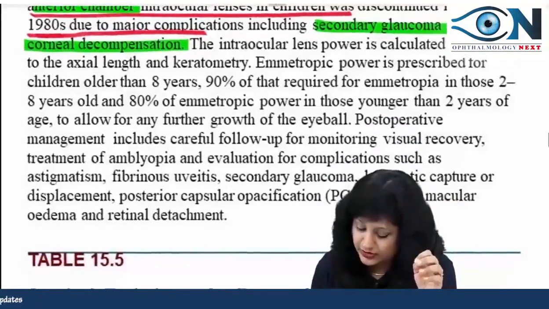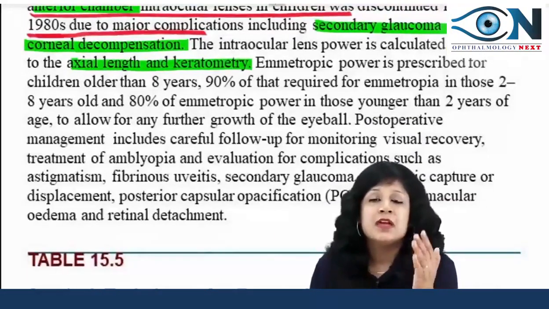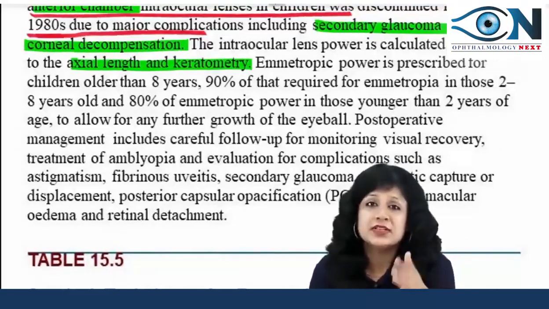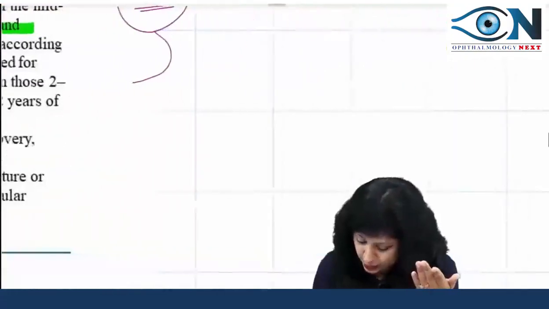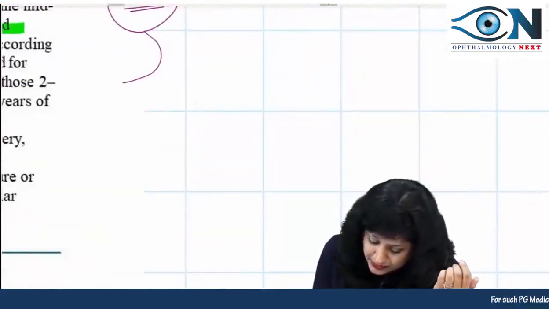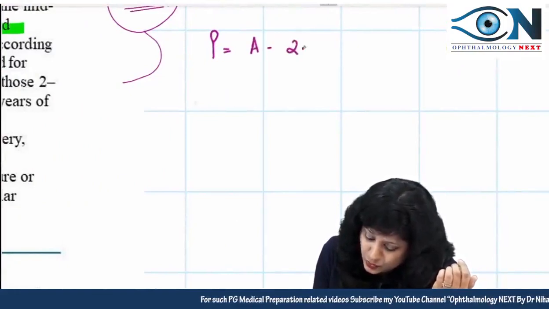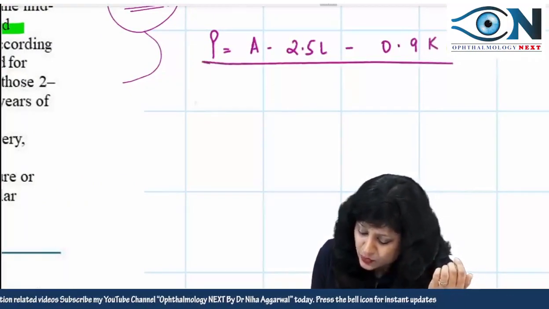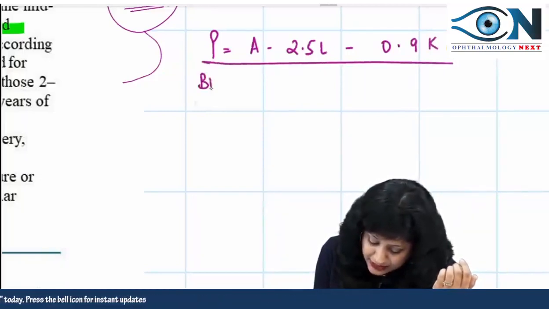The intraocular lens power is calculated according to the axial length and keratometry. We use the same SRK formula, which uses the axial length and the keratometry reading. Let's revise that formula: P is equal to A minus 2.5 L minus 0.9 K. This power is calculated by the biometer.